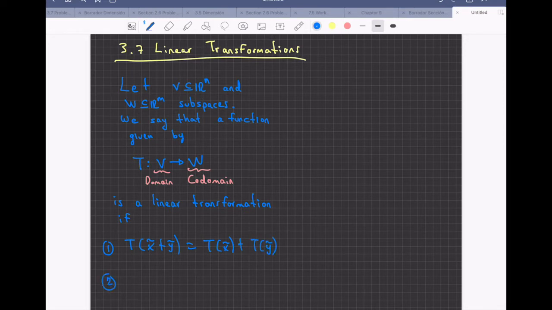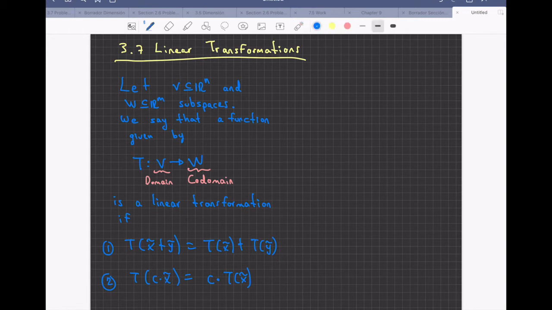And T of c times x is the same as c times T of x. Remember that we're talking about vector spaces, or well, subspaces of vector spaces. But the point is that this is the scalar multiplication, so c is supposed to be a real number, a scalar.